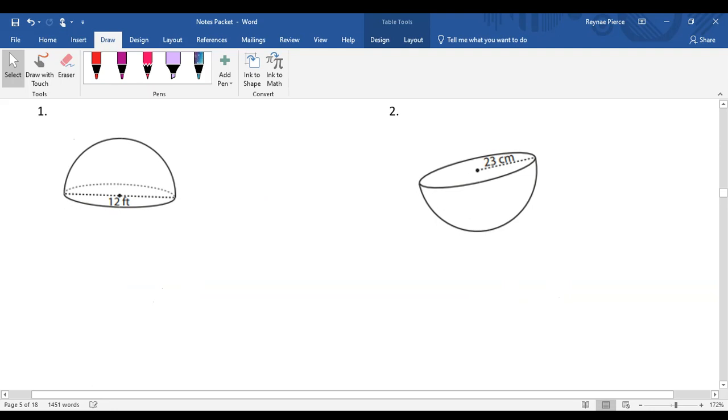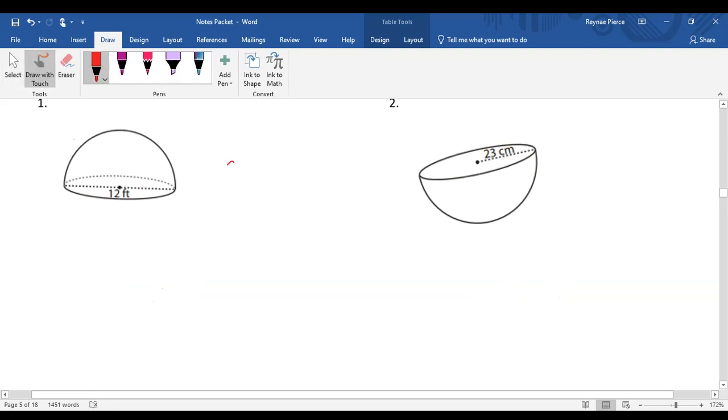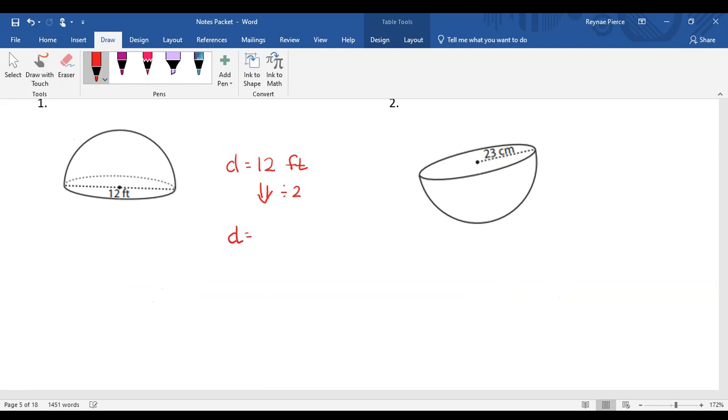So here we go. First one, we're given the diameter. And we don't need the diameter, we need the radius, so we're going to cut that in half.